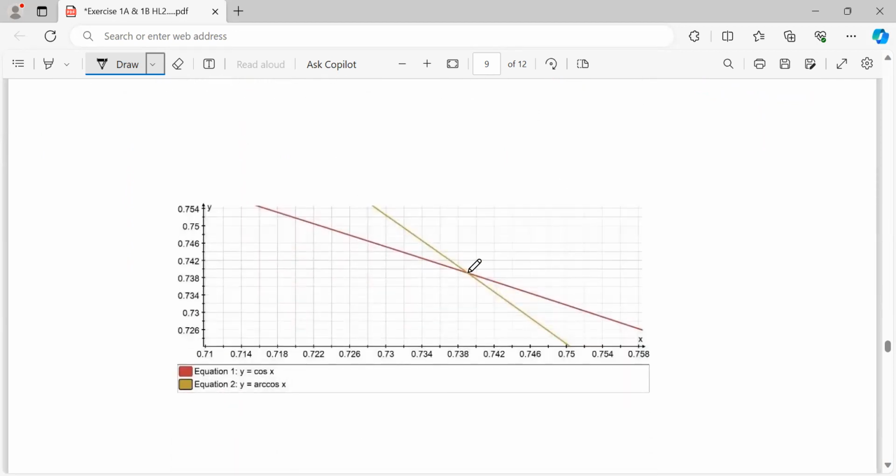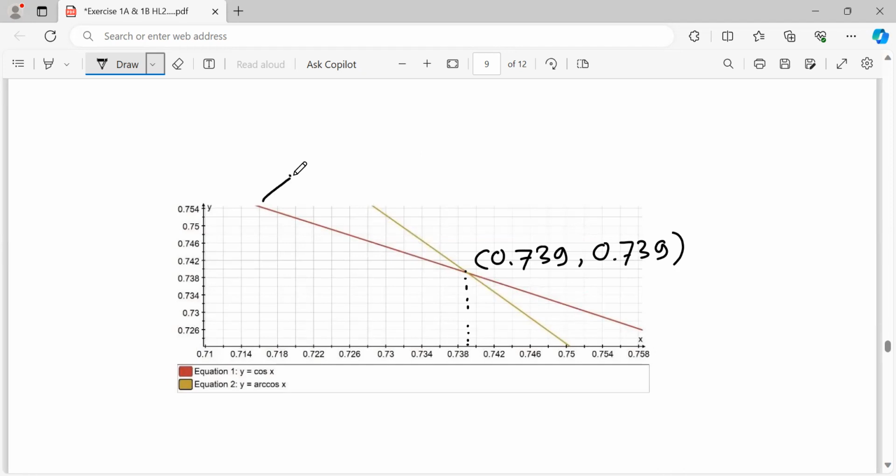This is the graph I have sketched through an application, and look, this is 0.739, comma 0.739.